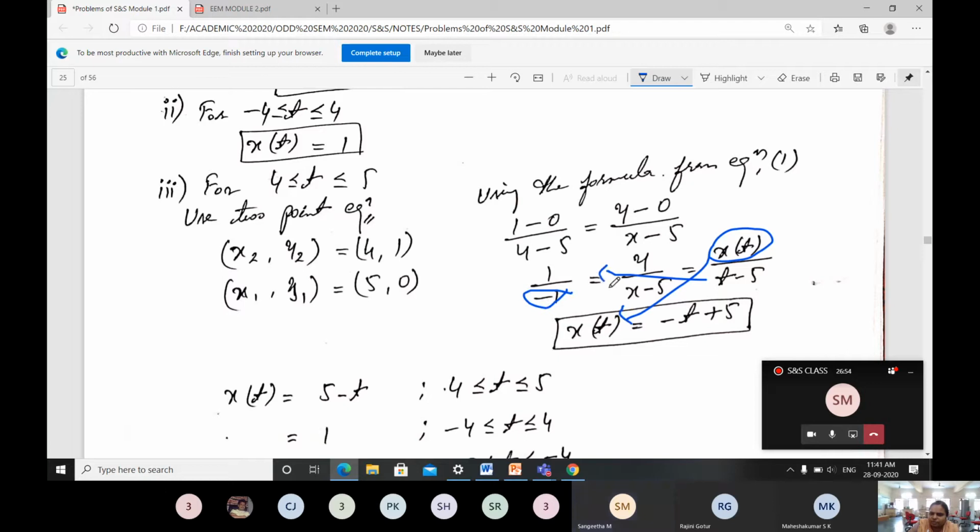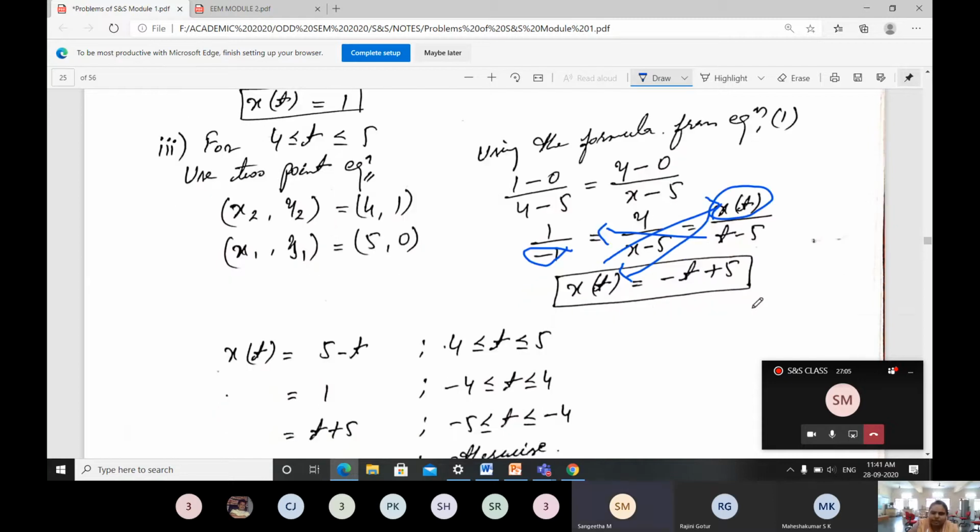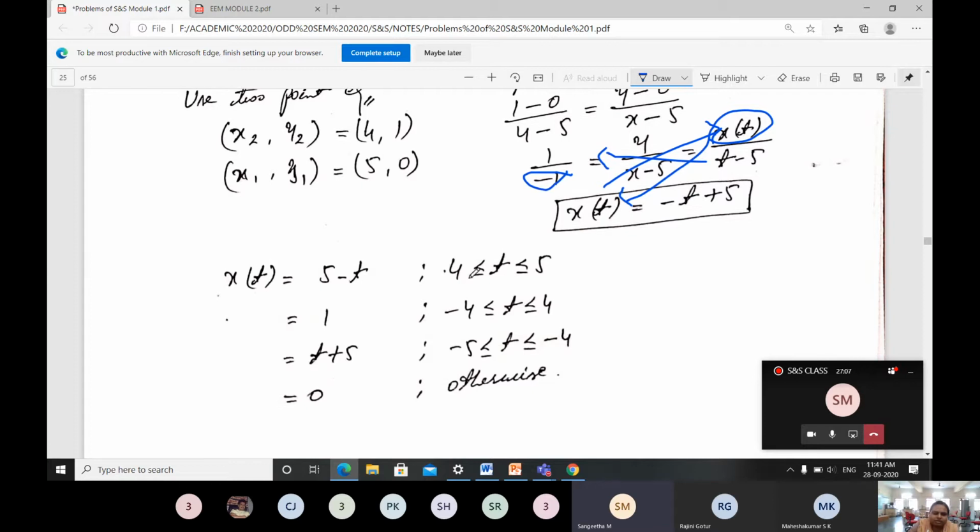Cross multiplication if you do, what you will be getting? Here you will be getting minus 1, you have to multiply for this. For that reason, minus t plus 5.